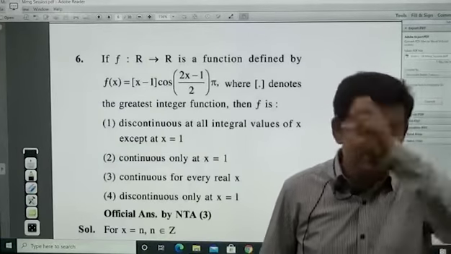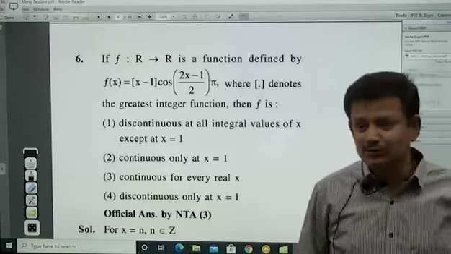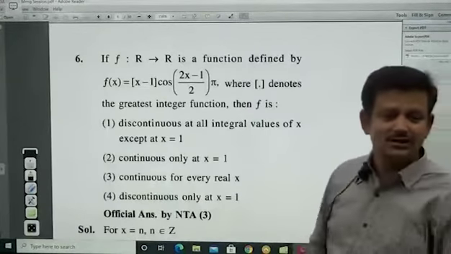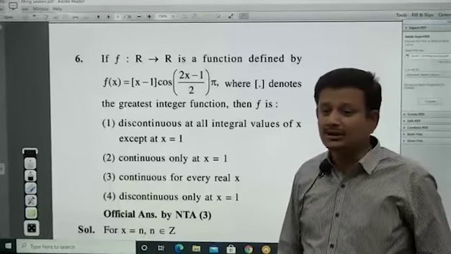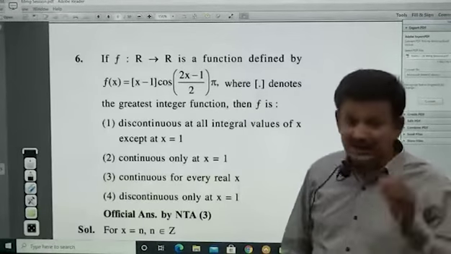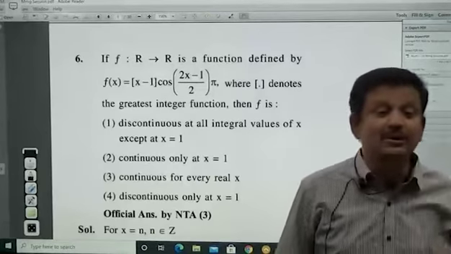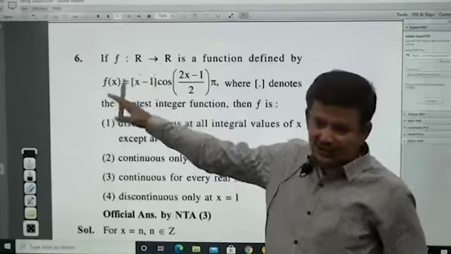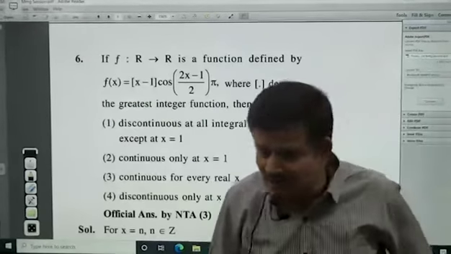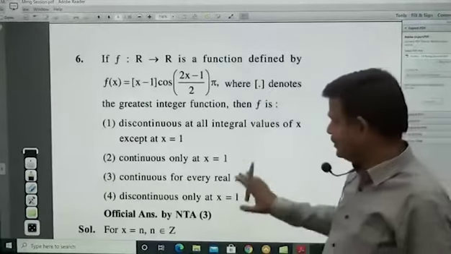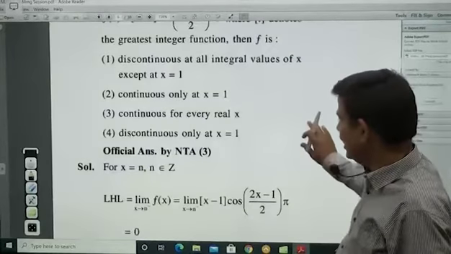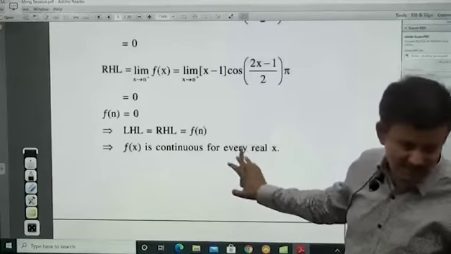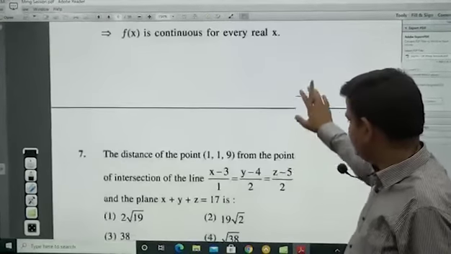Odd multiple of pi by 2, cos, what will happen? 0. So LHL, RHL, whatever it may be, cos will make everything 0. So this is continuous on R. 2n minus 1 by 2 pi, odd multiple of pi by 2, he is asking you to see. Once you see that, this is 0. So irrespective of LHL, RHL, whatever they are, 0, continuous. So it is continuous on R. That is what is given. So you need not evaluate these limits and you can happily save your time.